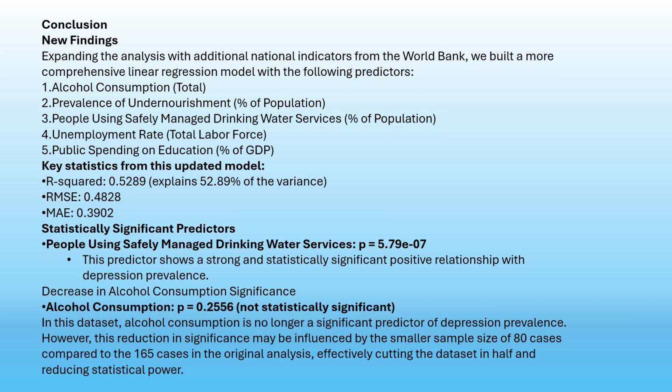So in our new findings, we added four new variables: prevalence of undernourishment, people using safely managed drinking water, unemployment rate, and the public spending on education. Together with alcohol consumption, this gave us five features to use with our model, and the R squared of the cross-validated model came in at 0.5289, which explains nearly 53% of the variance, with an RMSE of 0.4828.